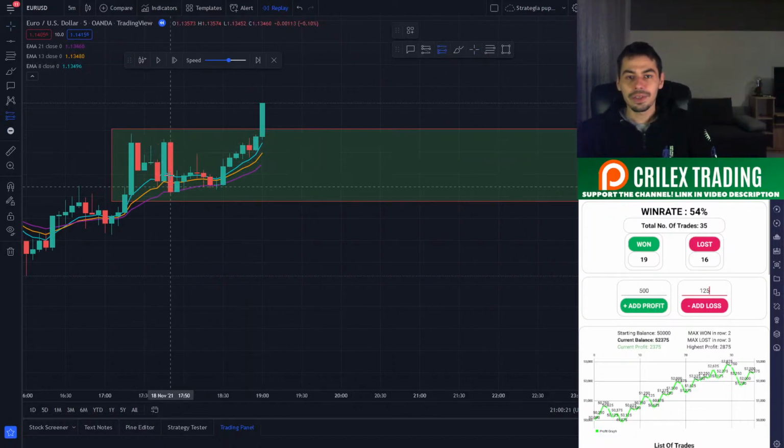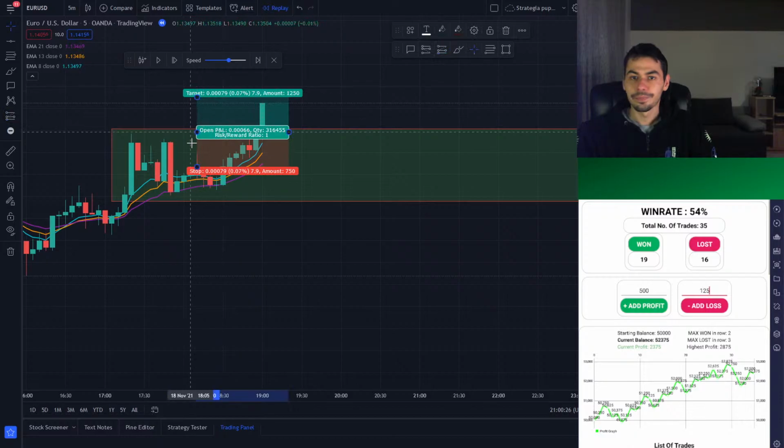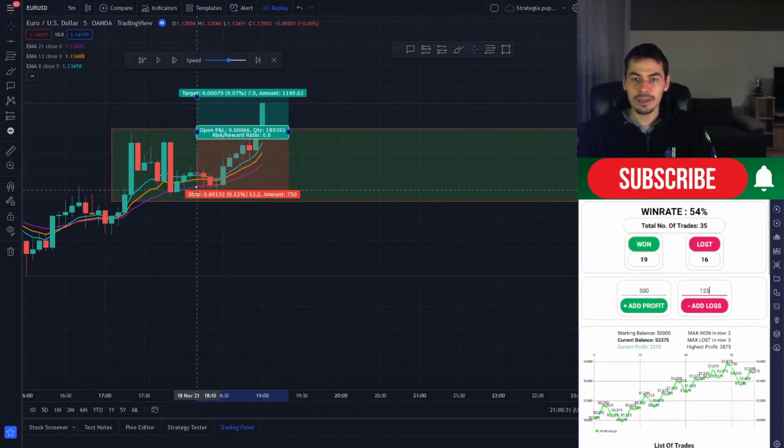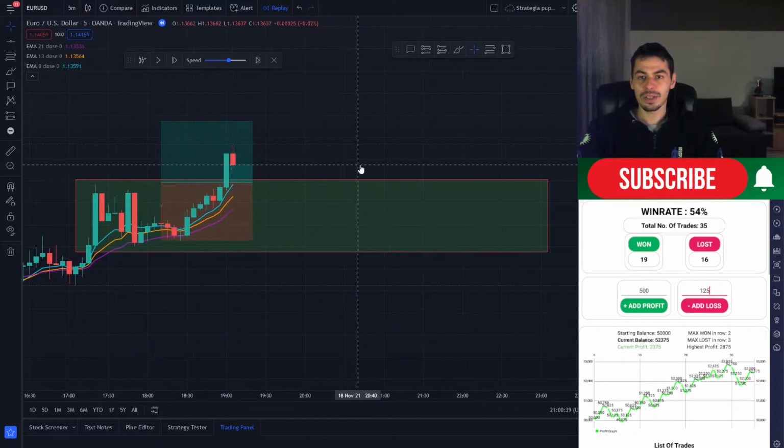So we have this entry right here, 3 points above it. Stop loss just below this retest, which is a bit high, but still in our rules. We are in this position, risking 1%.